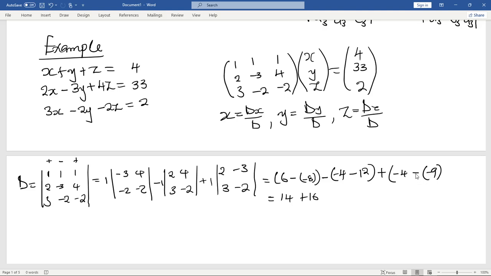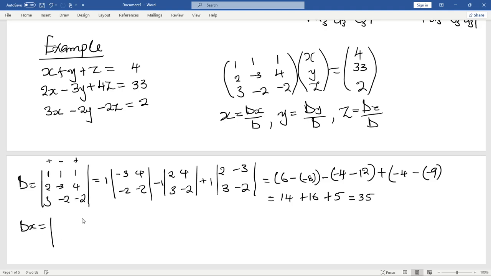So negative, negative, so that's going to be positive there. So negative 4 plus 9, we get this here. So the value for D is 35 there. So now we need to get Dx.